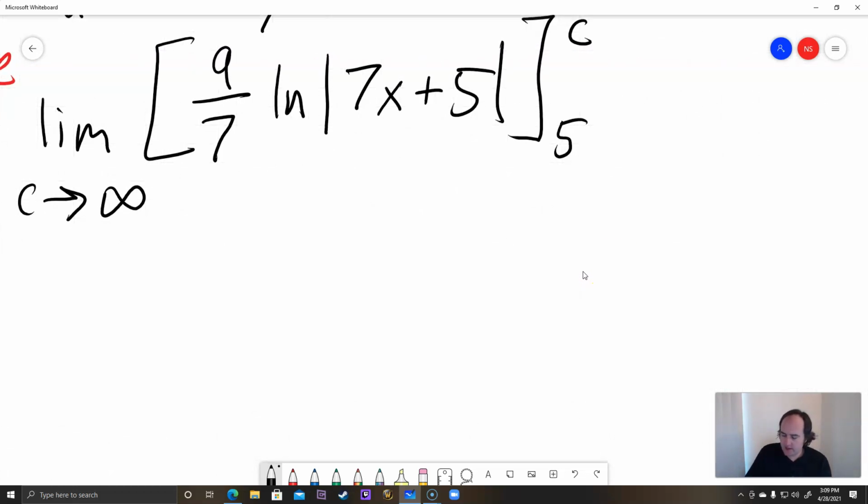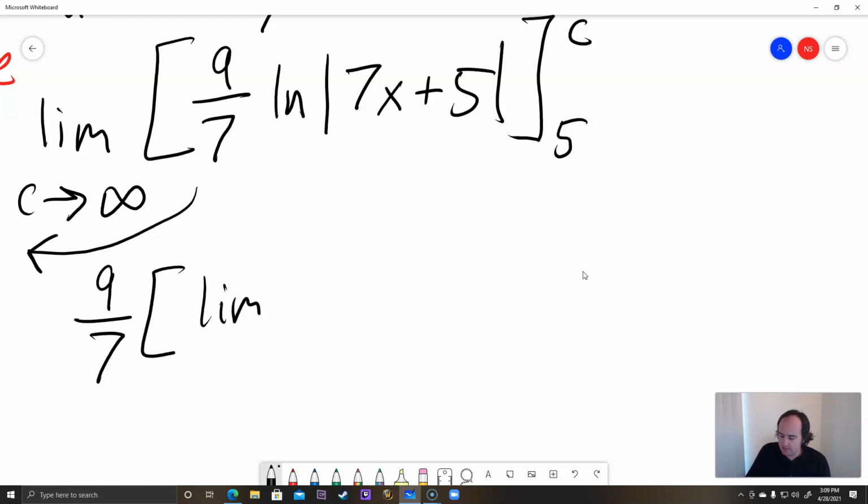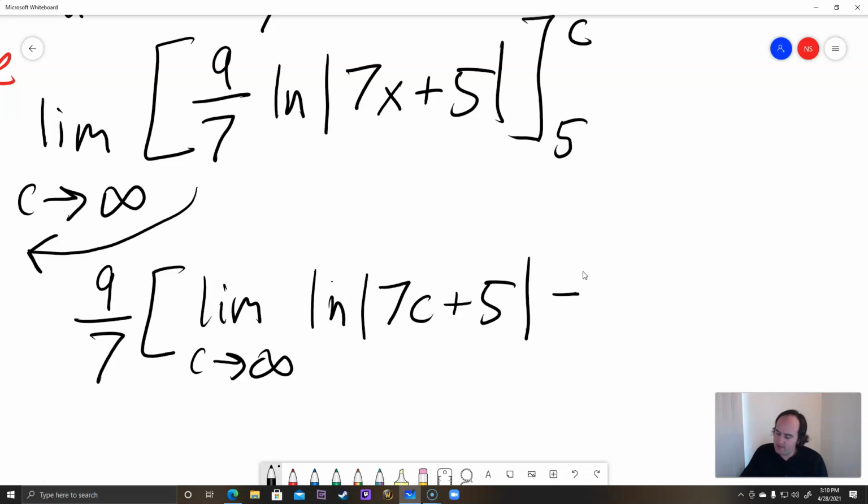Okay, so we can go ahead and bring the 9/7 outside of the limit. So we have 9/7 times bracket, limit as c goes to infinity of, plugging in c and 5, ln of absolute value of 7c plus 5 minus ln of 7 times 5 plus 5.